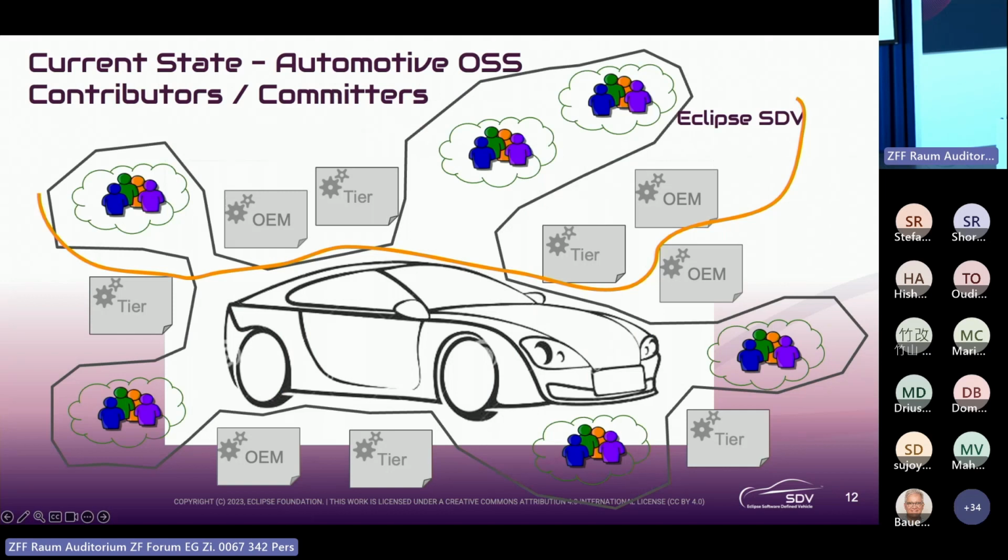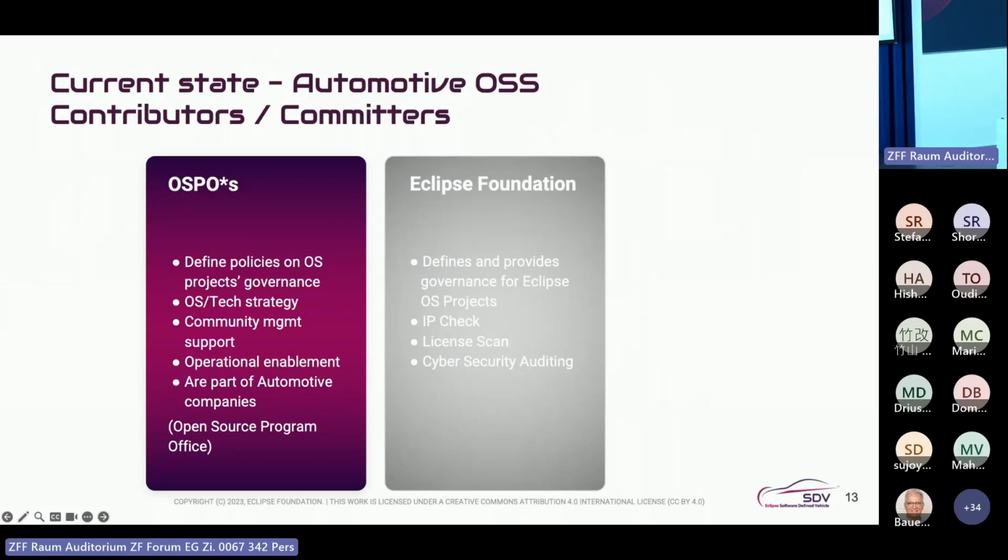Okay. Now, as part of the same current picture, we have a look at the OSS community. Again, they are probably synced together, but not so much in connection with the OEMs and the tiers, unfortunately. This is something that we as well are looking into changing.